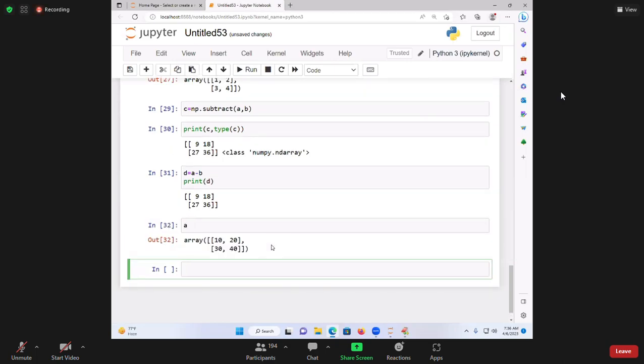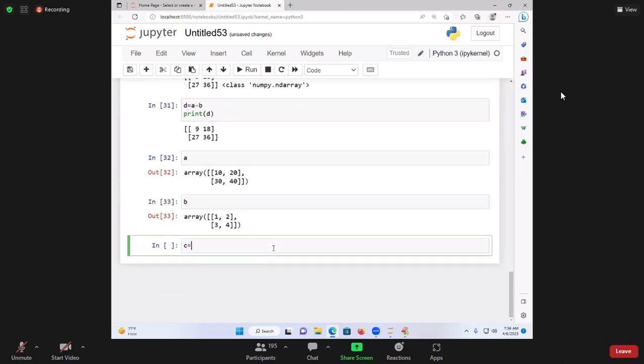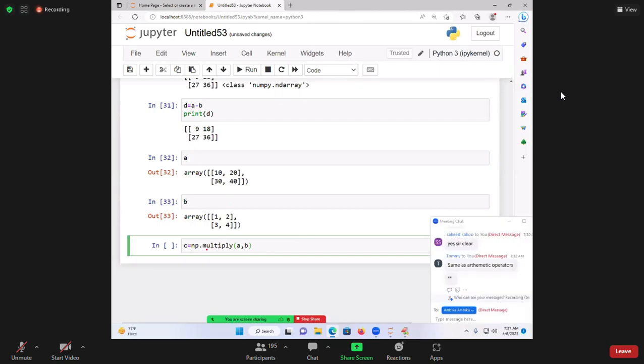Multiplication. A value and then B value. Now see, students. C is equal to np dot multiply. There are two varieties of multiplication. Here, element-wise multiplication will be done by the multiply function. Matrix multiplication is different from element-wise multiplication. 10 and 1 multiplied, 20 and 2 multiplied, 30 with 3 multiplied, 40 with 4 multiplied.